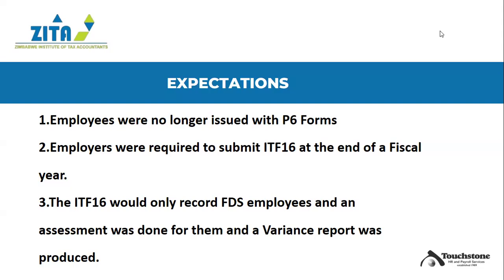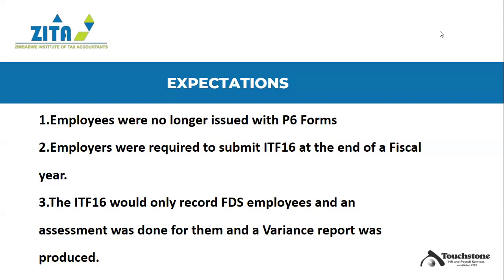Number three, the ITF-16 would only record FDS employees, and an assessment was done for them, and a variance report was produced. If you remember very well, we would then submit our ITF-16 electronically to email addresses supplied to us by ZIMRA, and they would do an assessment of that ITF-16.